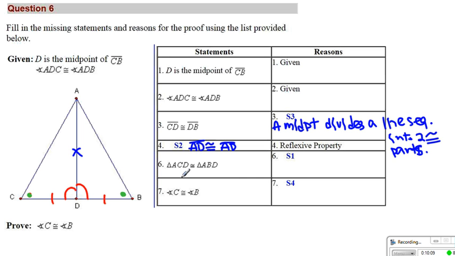Now, how can you prove that these two triangles are congruent? By side-angle-side, as you can see. And then why are these two angles, green dotted angle C and angle B, congruent? By CPCTC. So corresponding parts in congruent triangles are congruent. All right.